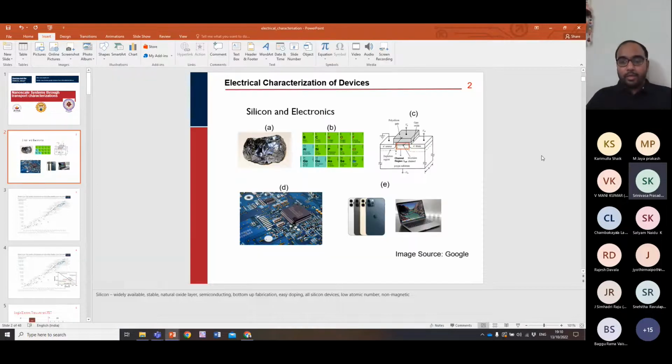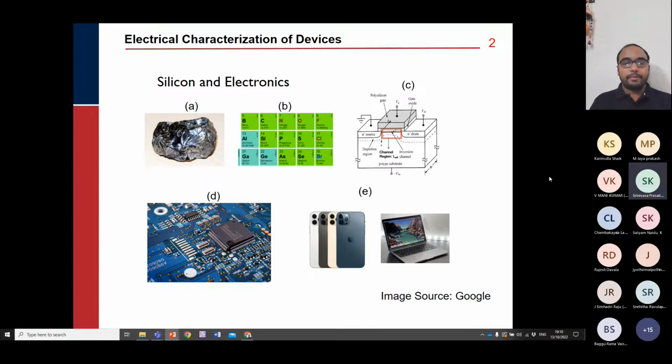Okay, so now when we are talking about an electronic device, then mostly they are some field effect transistor or some similar type of devices.